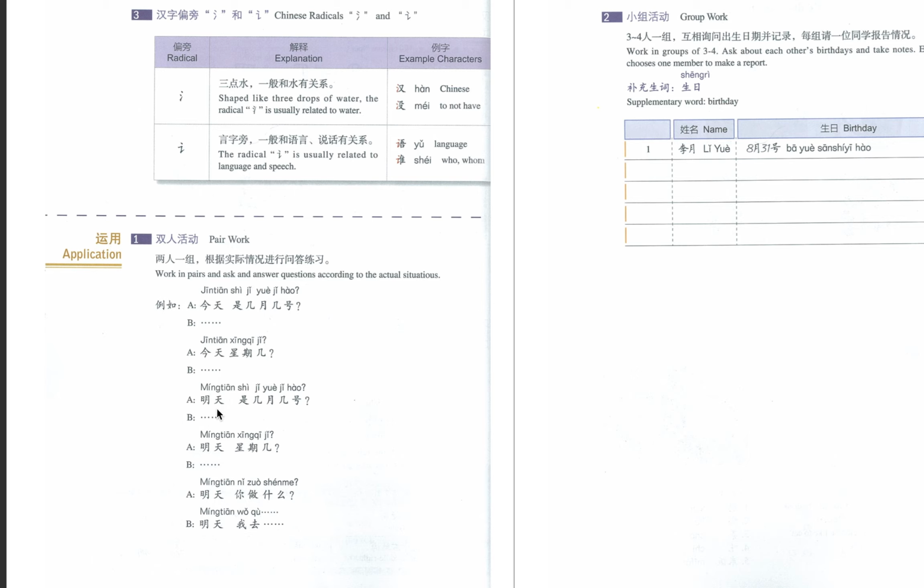明天是几月几号? 明天 tomorrow, 是 the verb to be, 几月 which month, 几号 which date? 明天星期几?